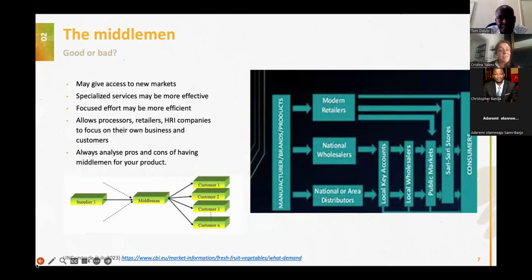Like Christopher said, they have specialized services. They may do logistical services or refrigeration services or certification services, and they may be more effective than you having to pay somebody to do that work inside your own organization or to buy that equipment. That might be more costly than if you use them at first.